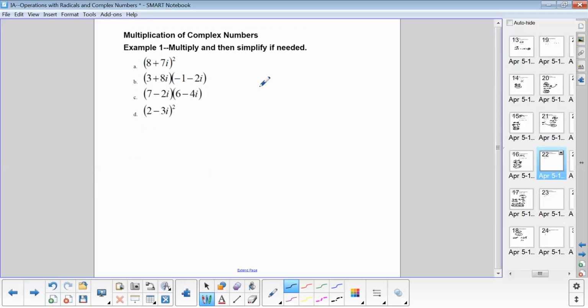Third, we'll multiply this out. We're going to get 42 and -28i and -12i and a positive 8i squared. So we know that i squared is going to be -1. So then that's going to change this to be a -8.